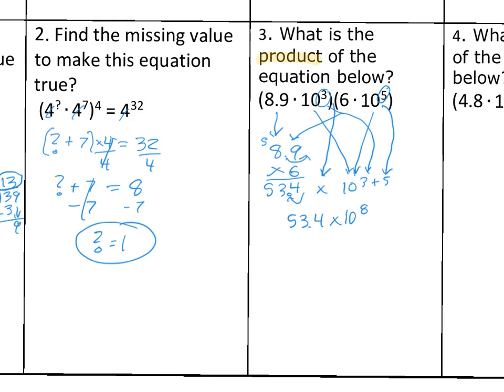I'm almost done because I need to move the decimal only one place to the left, because we need it one place from the left. So 1 should be right there. So go 1, add 1. So the final answer is 5.34 times 10 to the 9th power. That is our solution there.